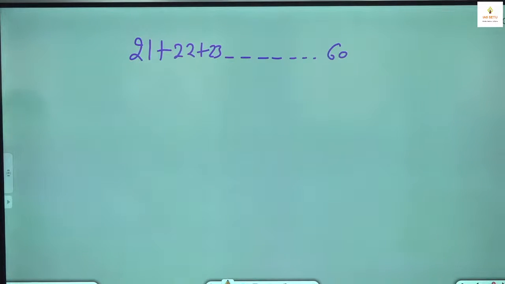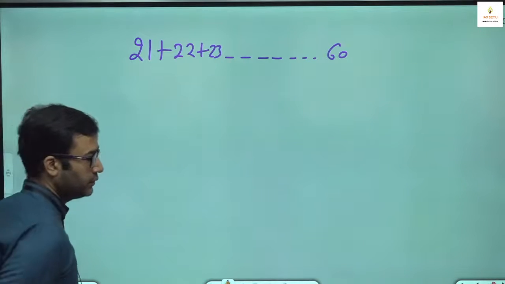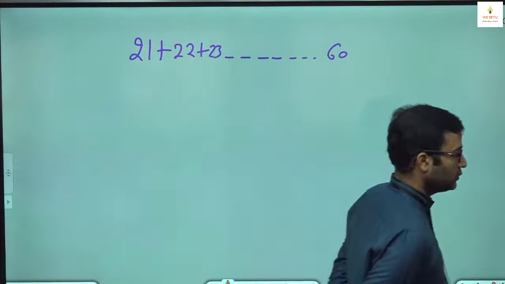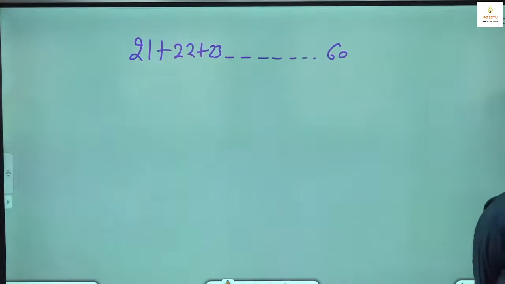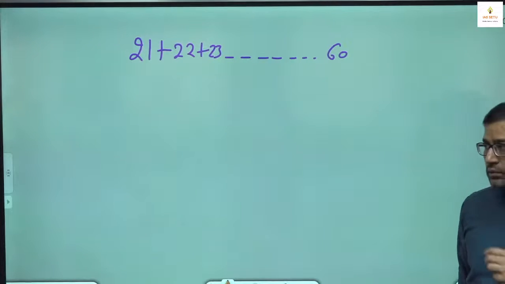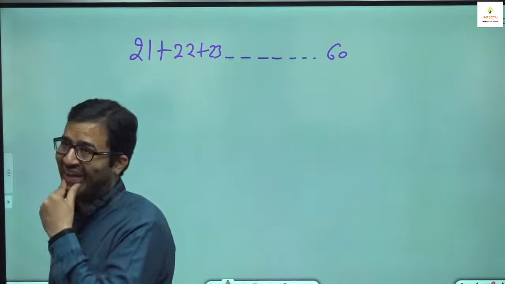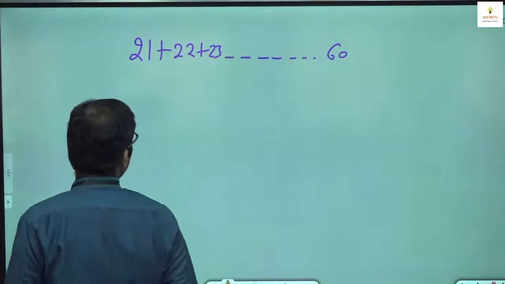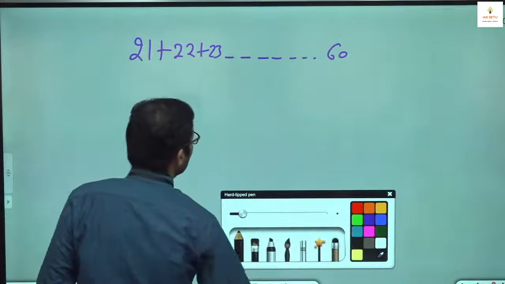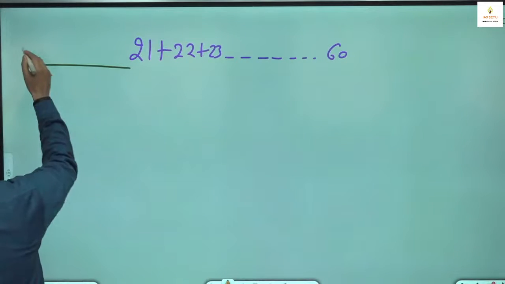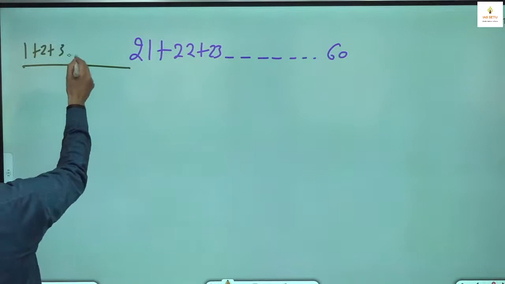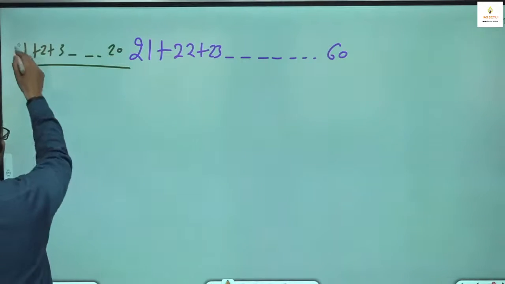One six. So here 1 plus 2 plus 3 up to 20 we add.